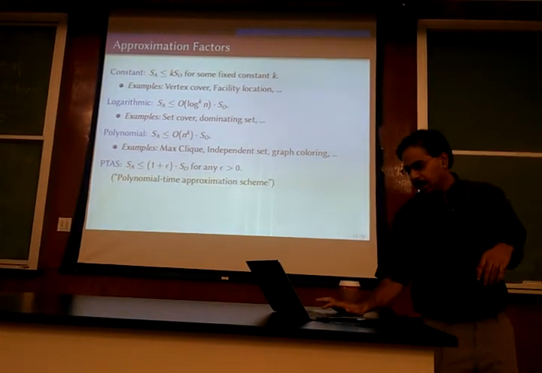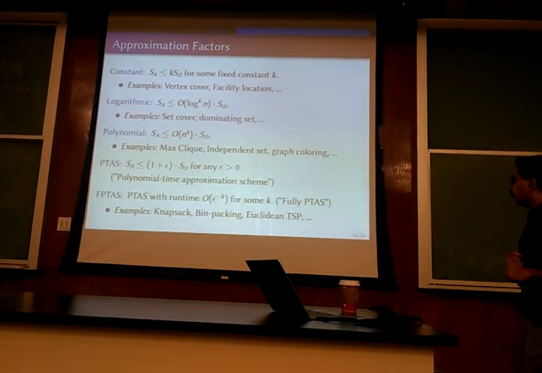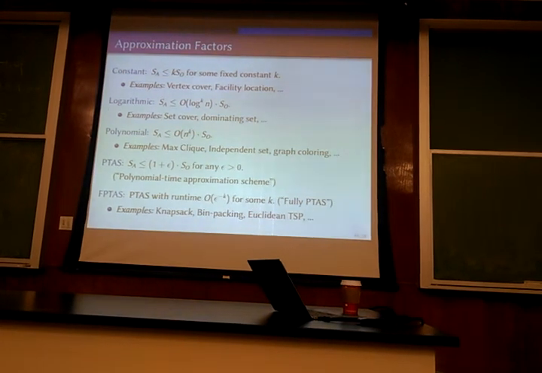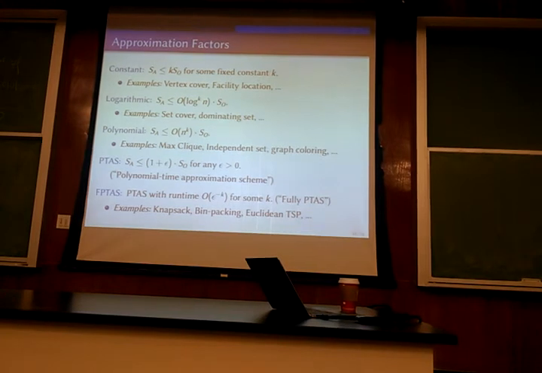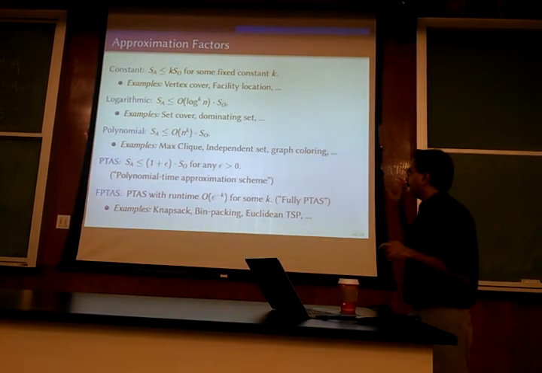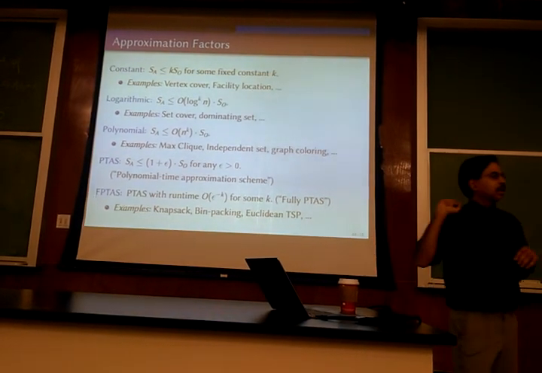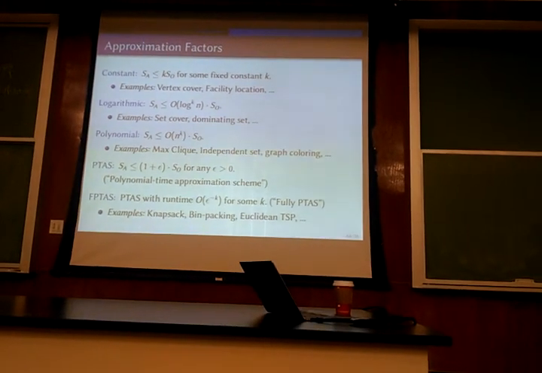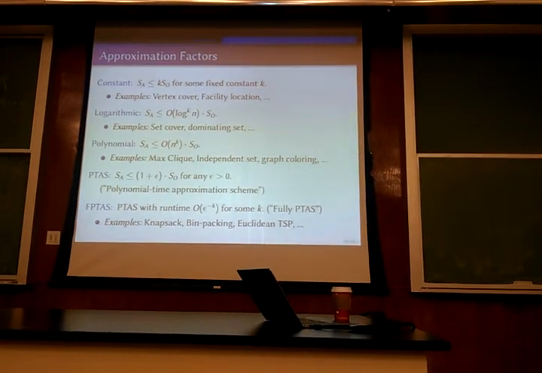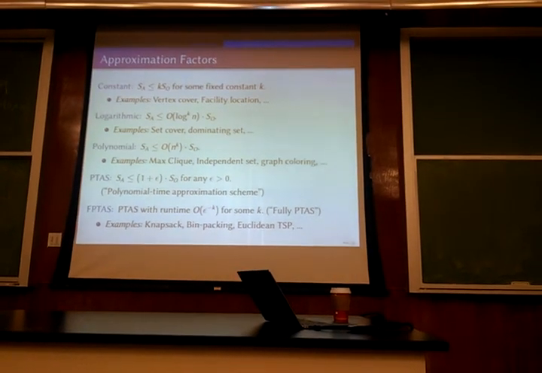And typically, the kind of approximation that you want is one where as you get closer to the optimal solution, you have to pay more and more in terms of computational time. This is almost intuitive, right? To get a better solution, you have to pay more.